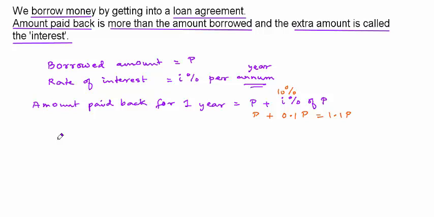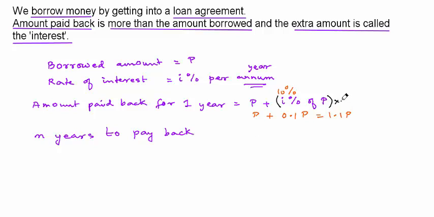And we might need more than a year to pay back. So let's say we need N years to pay back the money. This is the interest that you're paying for 1 year. Now, if you want to keep the money for N years, obviously they're going to make you pay more.